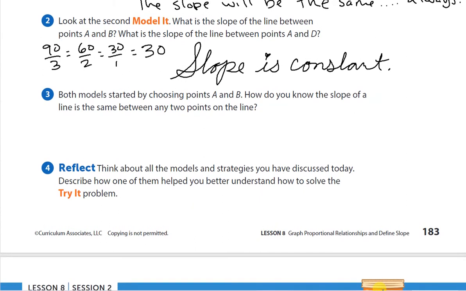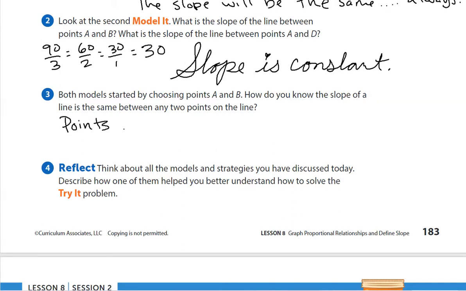Number 3. Both models started by choosing points A and B. How do you know the slope of a line is the same between any two points on a line? Well, why did they pick A and B? They made them A and B, right? Because you can pick any.